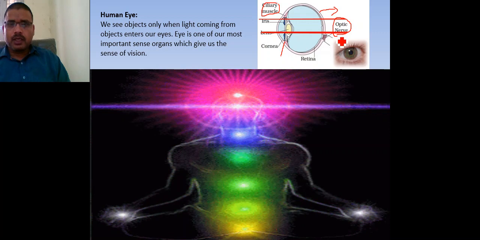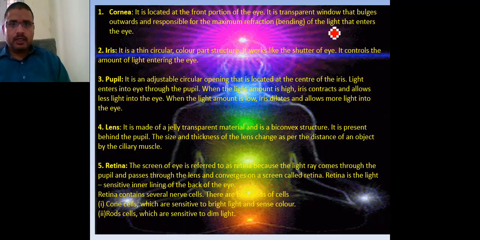Now here the cornea is already given. It is located at the front portion of the eye, a transparent window, as I told you. The light which comes from the object goes directly to the cornea, which bulges outward and is responsible for the maximum refraction.